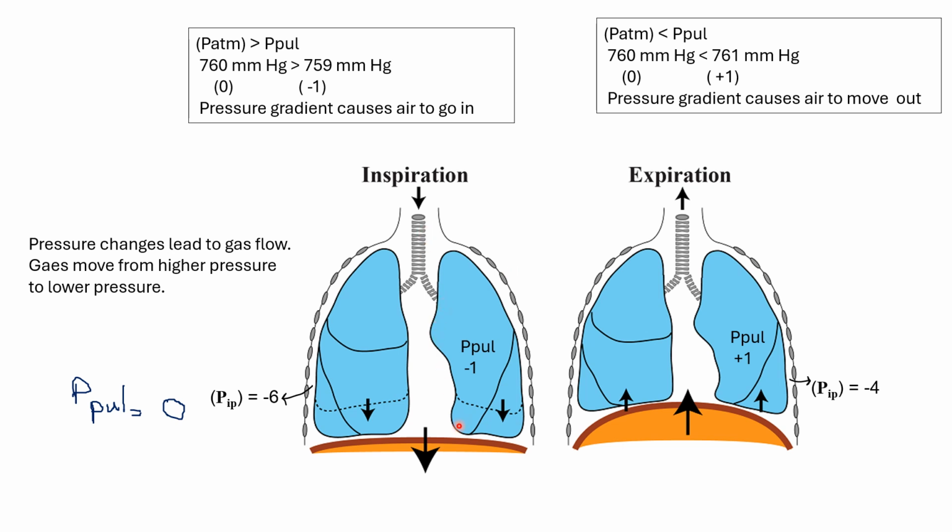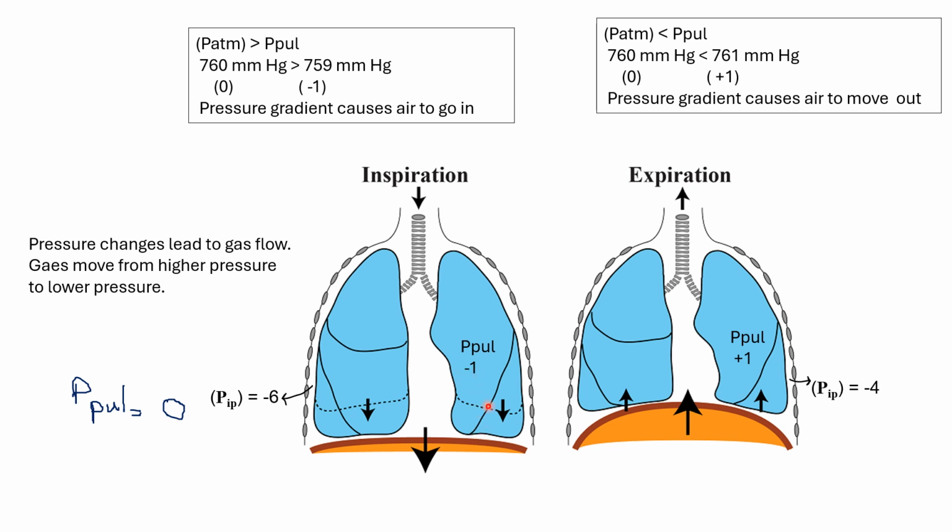When they expand, the pressure decreases from 0 to -1. This is 0, I'm sorry, a very irregular 0. So the intrapulmonary pressure decreases from 0 to -1.